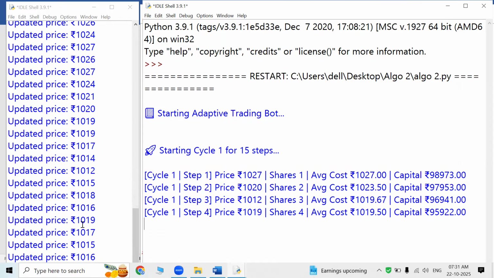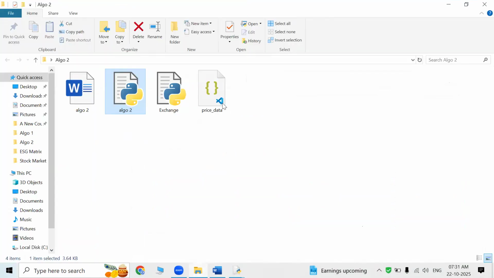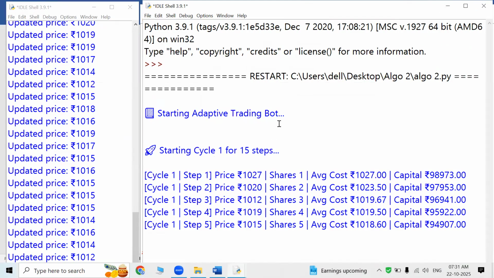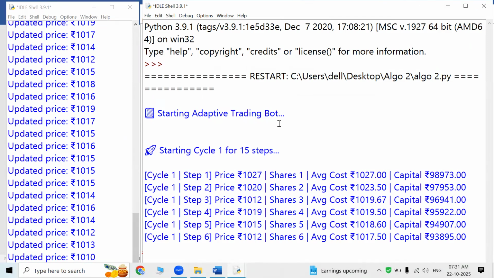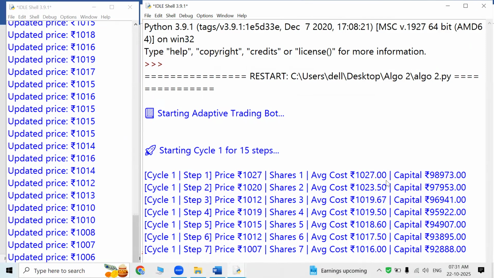You can see the price has been changing, and I'm saving this price into the price data, and my algo is fetching the data from this price. Let me show you this again. We are on step number 6. We have bought the share at 1020 and you can see our average price is going down. Now this will run for 15 steps for sure.